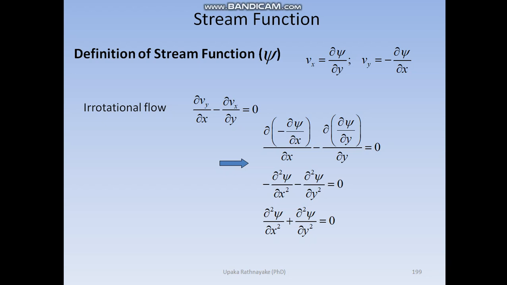When we apply this stream function relationship to the irrotational flow relationship, we can see that it again satisfies the Laplace relationship, that is ∂²psi/∂x² plus ∂²psi/∂y² is equal to 0.